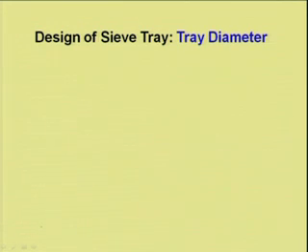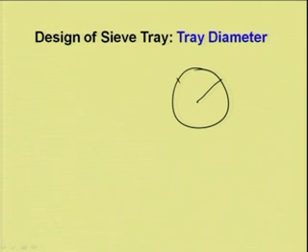Now, for downcomer geometry, we have this.